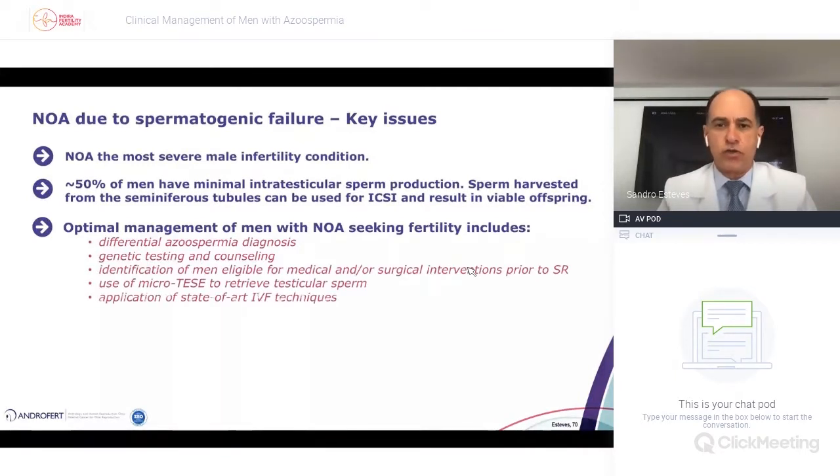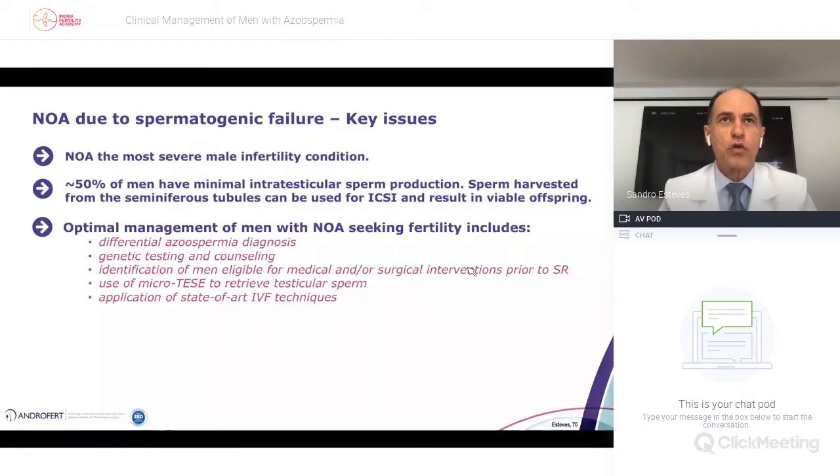So the optimal management of men with non-obstructive azoospermia seeking fertility. Well, I have gone through every single step, and it starts with the proper differential azoospermia diagnosis, and then we need to go for genetic testing using Y chromosome microdeletion testing, and counseling about the chance of finding sperm, or even deselecting a patient with AZFa and b microdeletion from treatment.